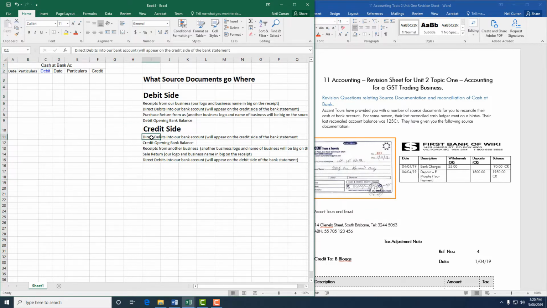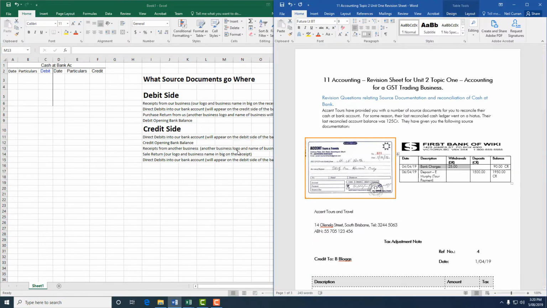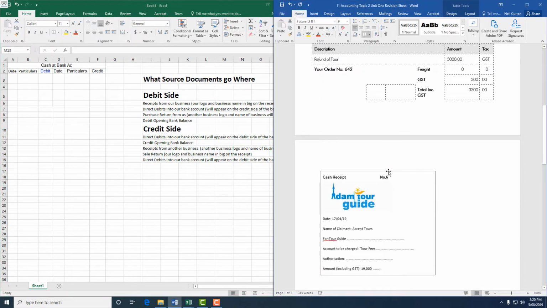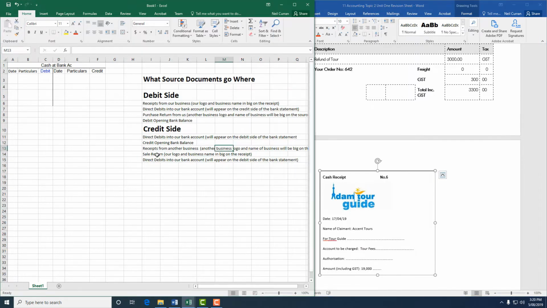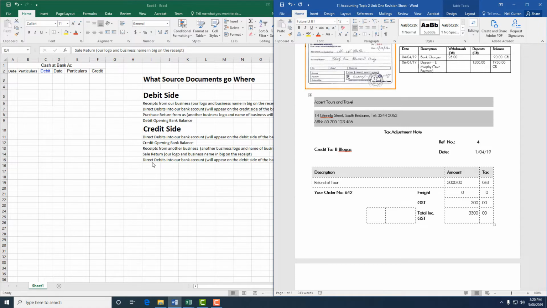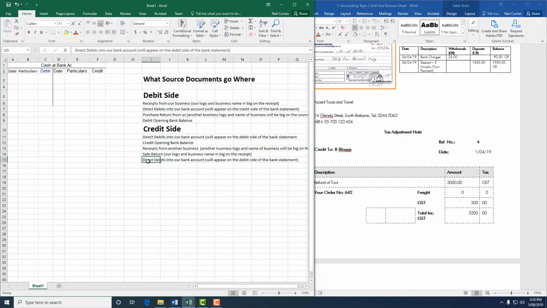Others on the credit side are direct debits into our bank account, and they will appear on the debit side of the bank statement, much like those bank charges we see here. Receipts from another business, which is what this one is here, will go on the credit side. A sales return, which is this one here, because we are providing the refund, as there's the name of our business, and they are the only ones.